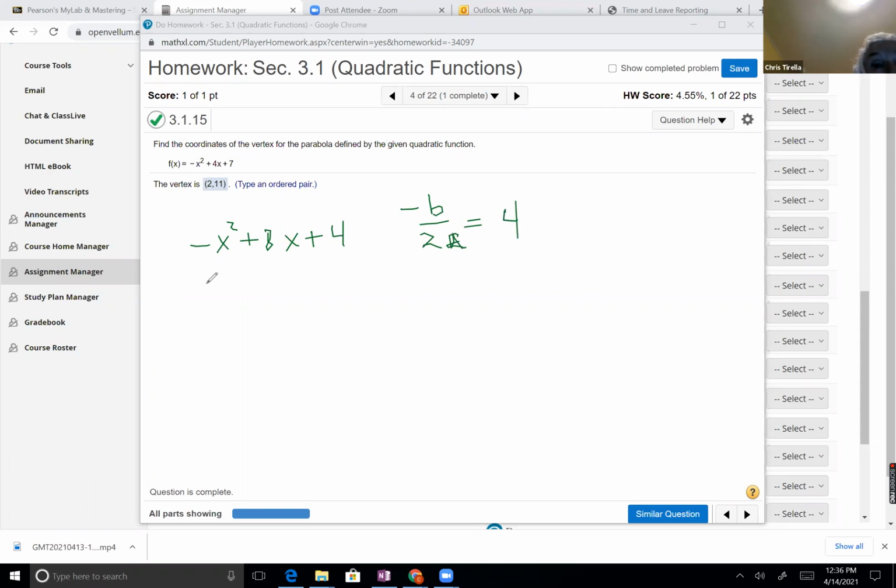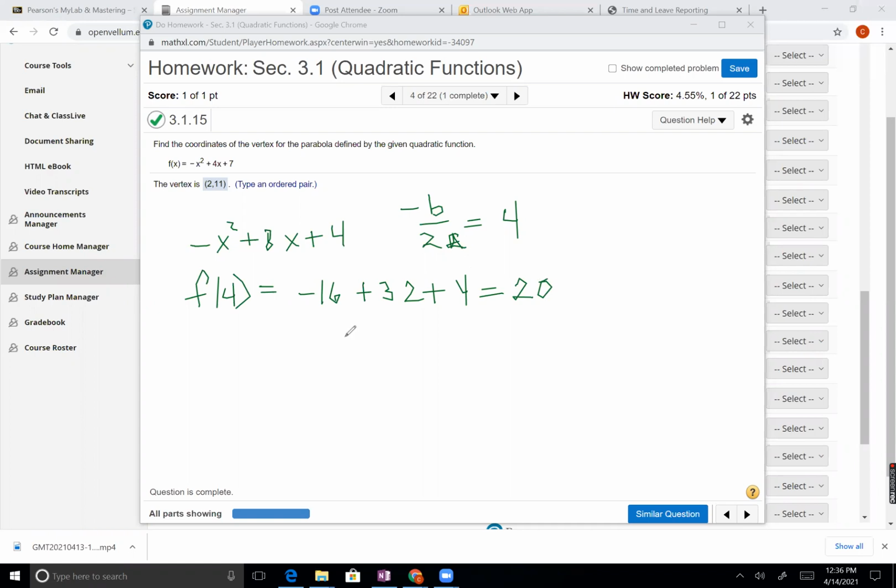And so when you found f of 4, did you get negative 16 plus 32 plus 4, which would give you 20? Right. That's where I messed up. I see that now. I had a positive 16. No, order of operations: first you square it, then you negate. Right. Okay, thank you. You're welcome.